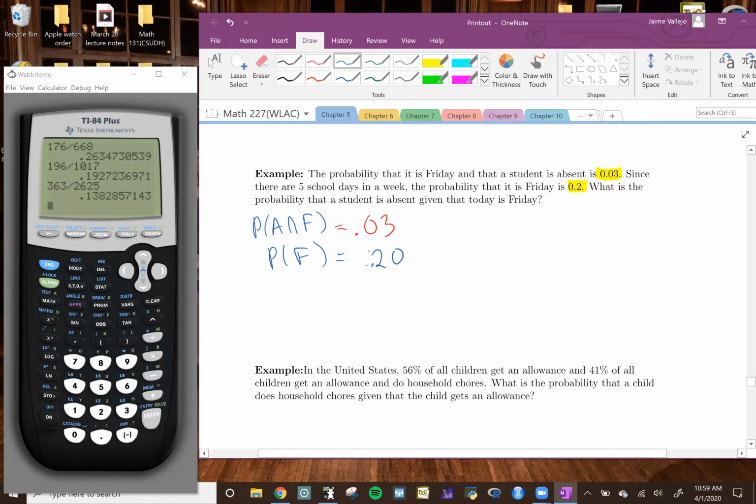All right, everybody good so far with that labeling? All right. So for the last sentence, what is the probability that a student is absent given that today is Friday? This is the key word. It tells us this is a conditional probability.